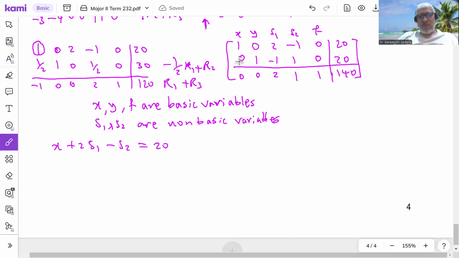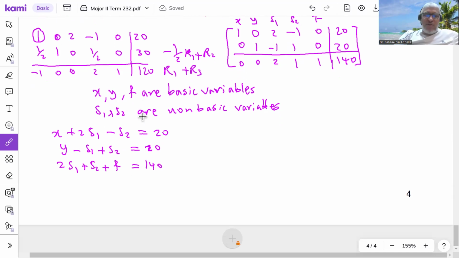The second equation, 0 times X, 1 times Y, negative 1 times S1, 1 times S2, 0 times F equals 20. The objective row, 0 times X, 0 times Y, 2S1 plus S2 plus F equals 140.